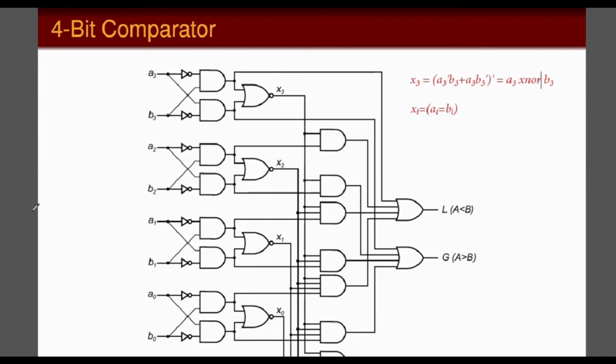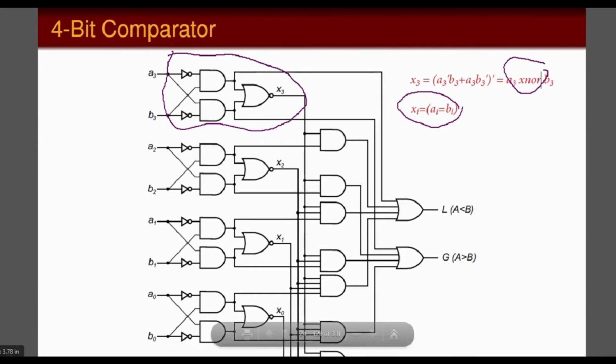So basically, this circuit is actually this function or this function, the same. But it looks nicer somehow. Why? Because you can also generate A less than B, A greater than B, and the rest.